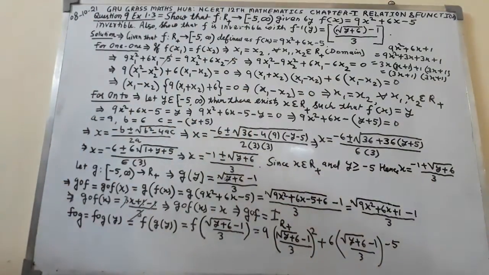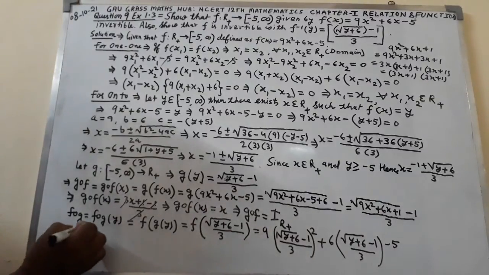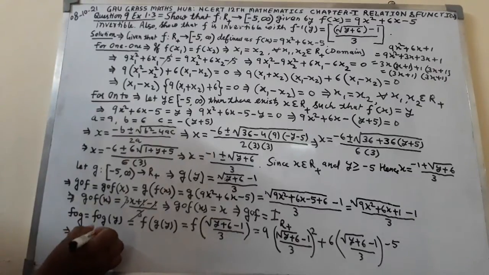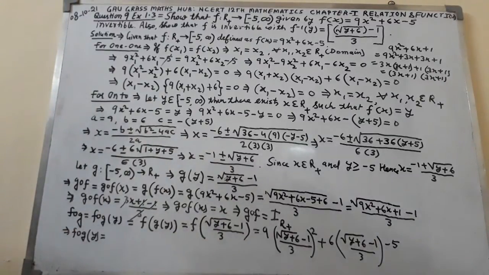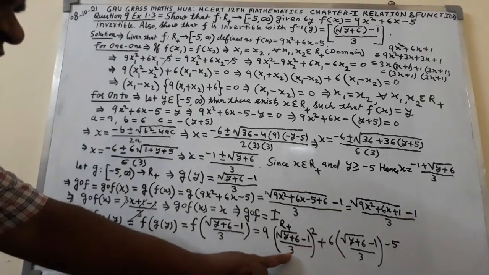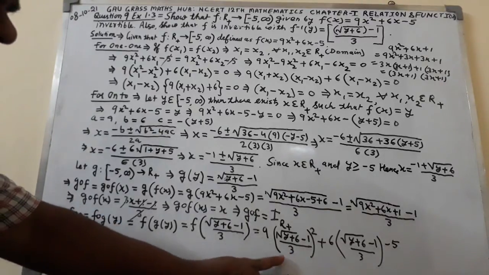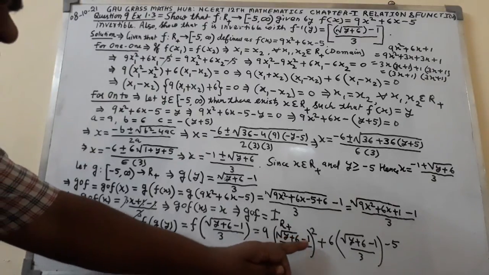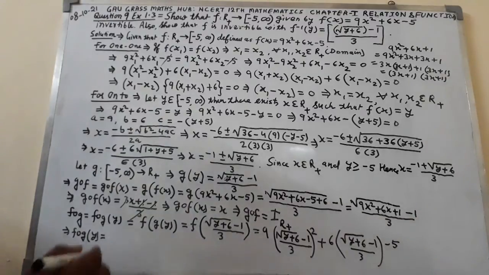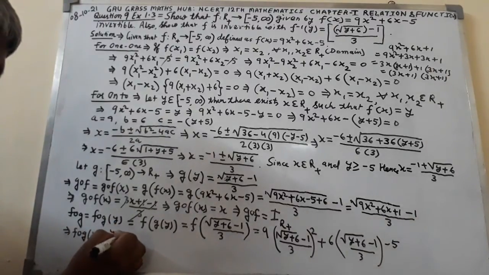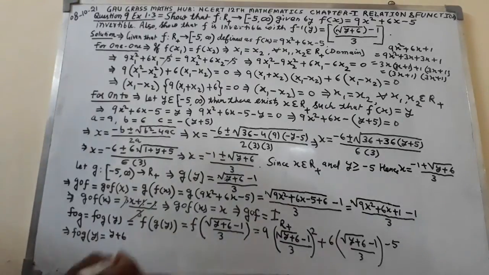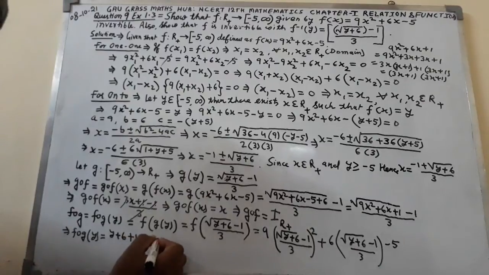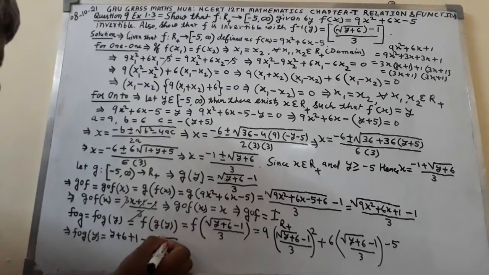What to do? Next I shall write f of g of y equal to, just here 3 whole square comes out to be 9. 9 will be cancelled out. Here you will get under root y plus 6, bracket close, minus 1, whole square, which comes out to be the square of the first quantity, y plus 6, plus the square of the second quantity, minus twice the product of both, y plus 6.